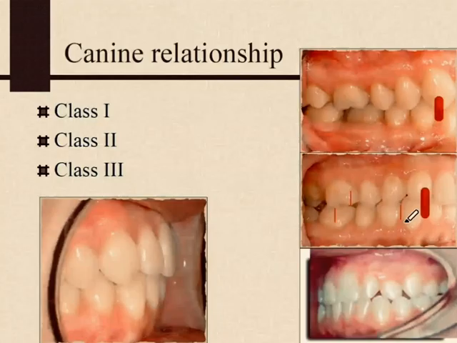If we have it more distal, we will call it class 2, and if we have it more mesial, we would call it class 3.